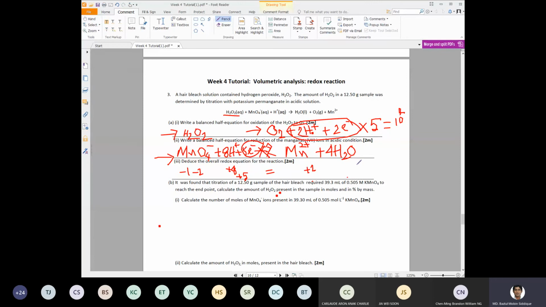So there is one thing that is missing. Okay, let me write it actually. All right, so here I multiply this with 5 and multiply this one with 2. This is number 1 reaction, this is number 2 reaction.